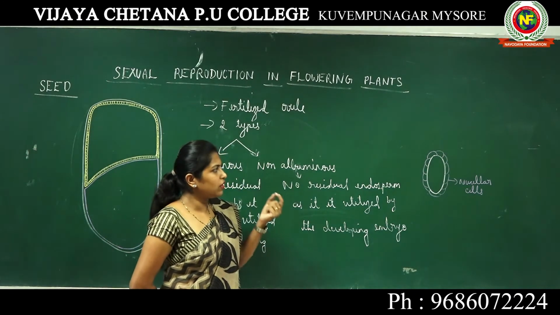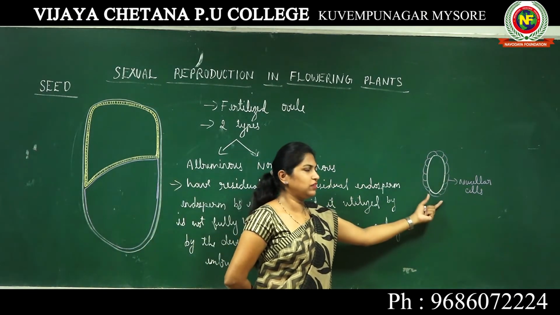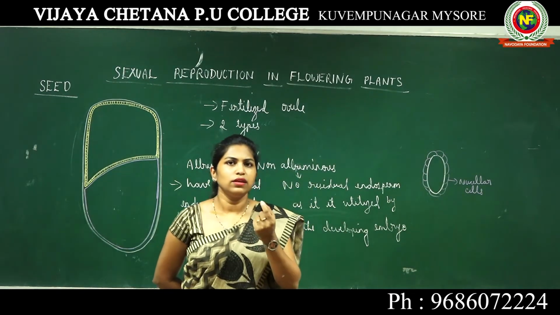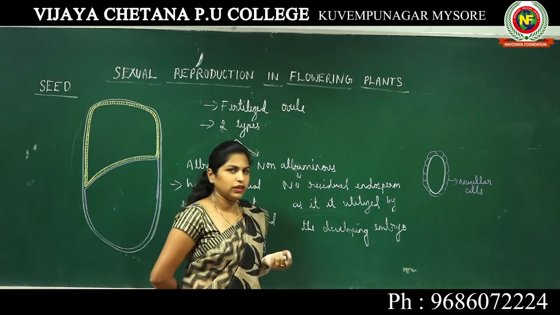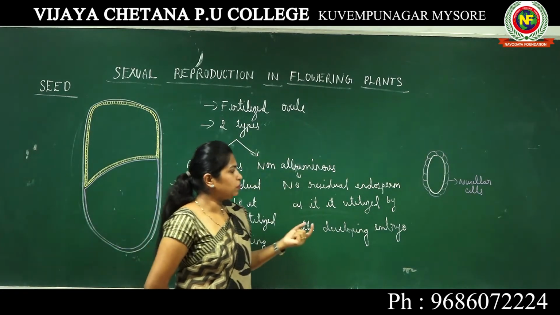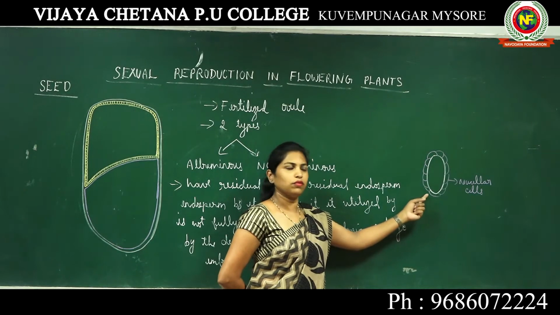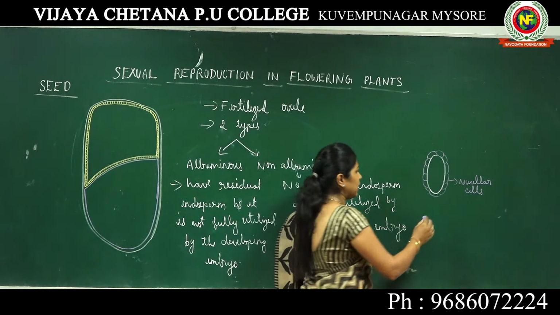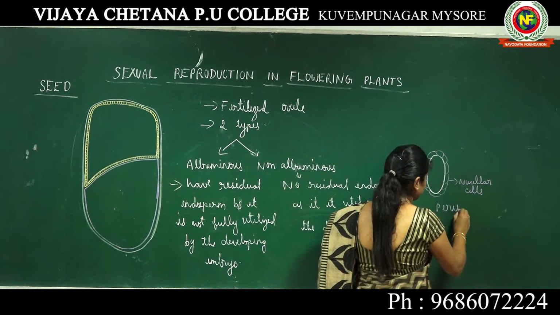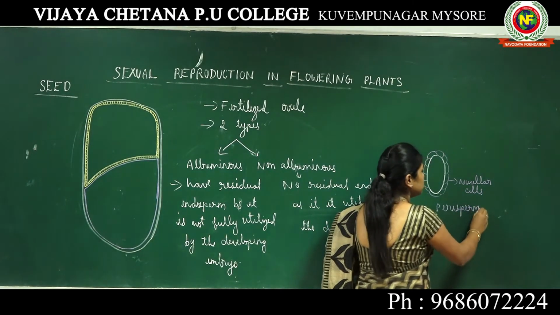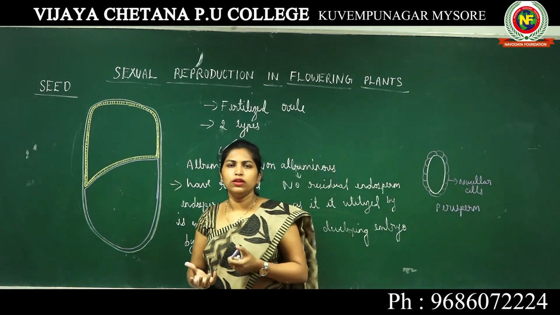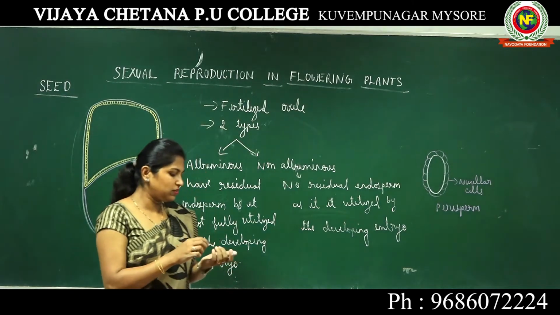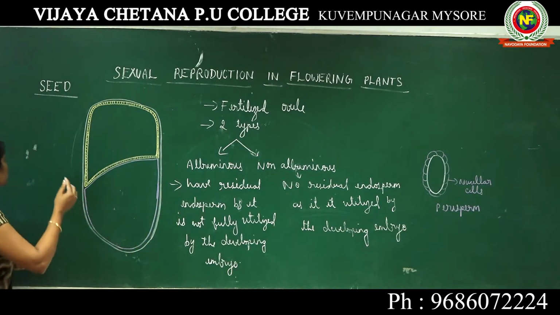Okay, if the nucellus is persistent, if we find remnants of nucellus inside a developing seed, at that particular time we call such nucellar cells or nucellus as perisperm. Generally, when a seed is forming, nucellus will not be present inside the seed because a seed generally has three parts.